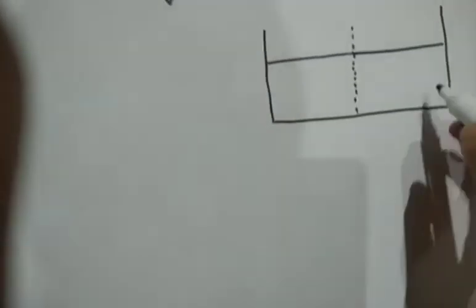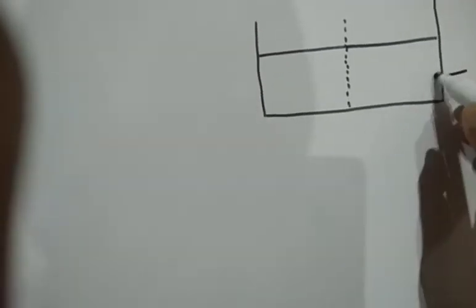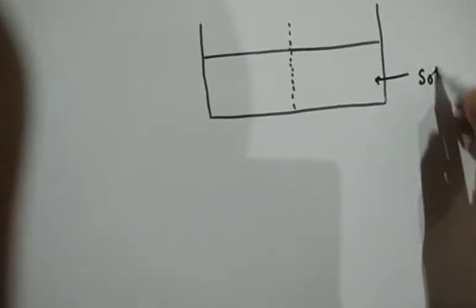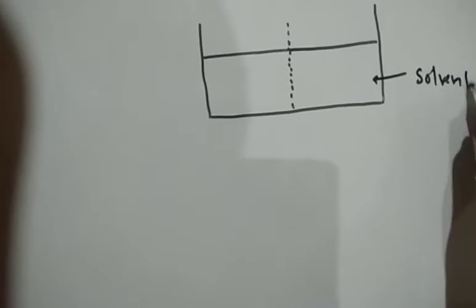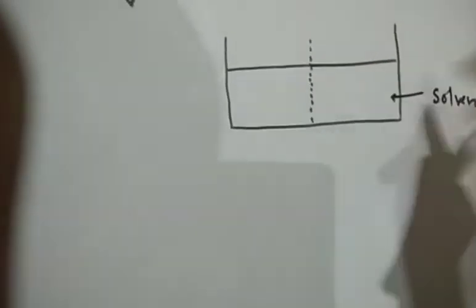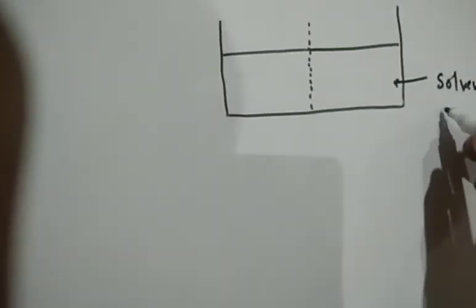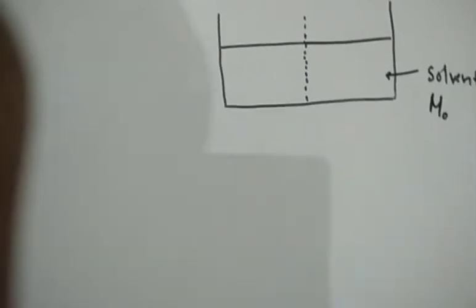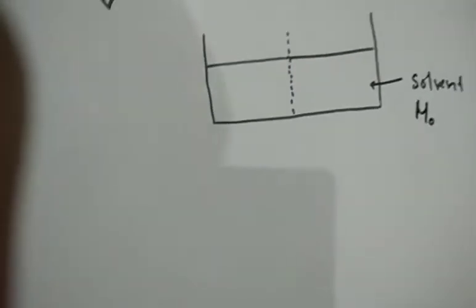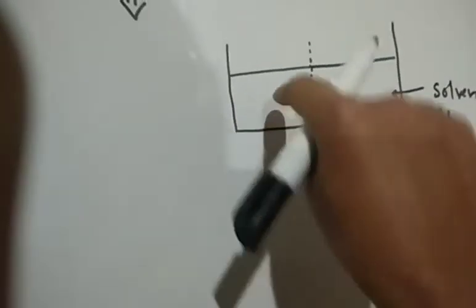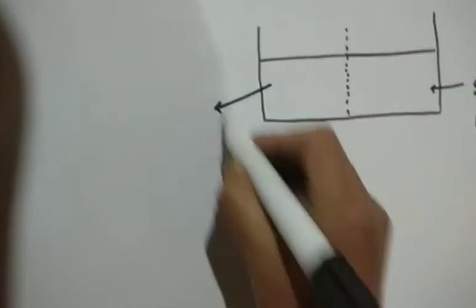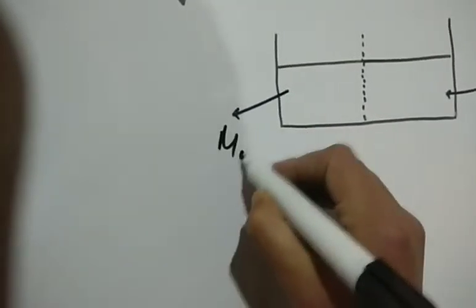Now this is basically a semi-permeable membrane. Now on this side we'll keep a pure solvent. So when we have a pure solvent here, we can say it has a chemical potential or free energy that is mu zero. Fine. Now on this side we'll also keep the same solvent. So we'll be having the chemical potential that is mu zero.